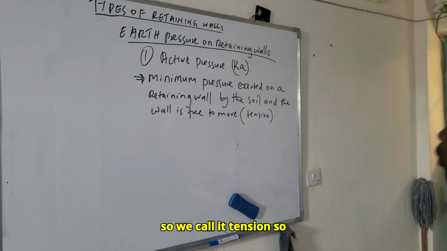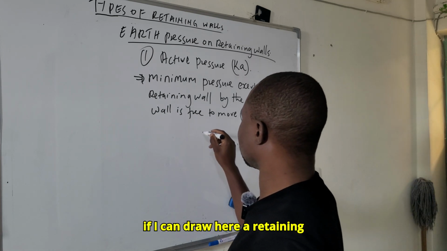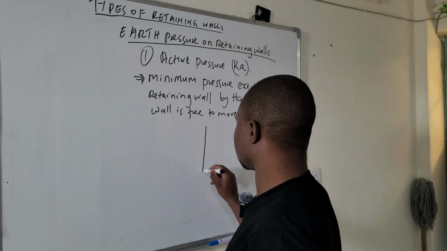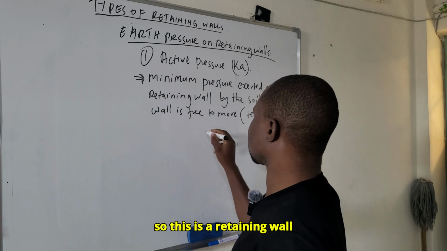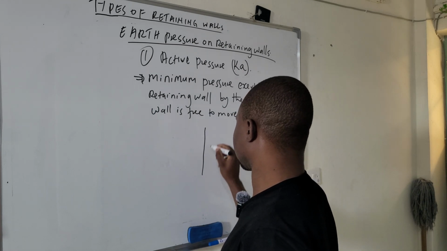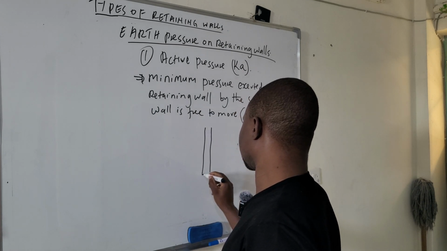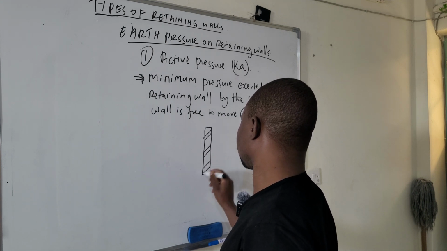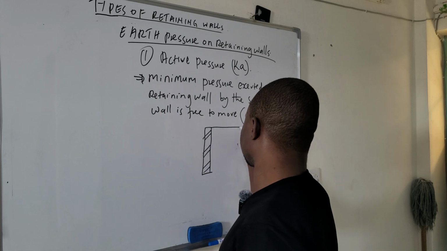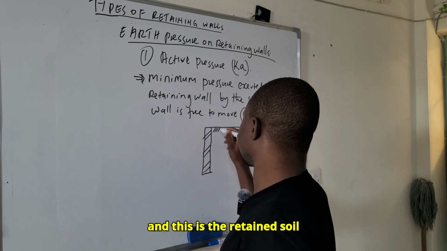So we call it tension. So if I can draw here a retaining wall, so this is a retaining wall, and this is the retained soil.